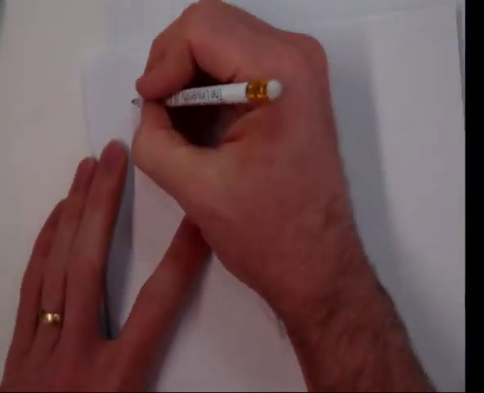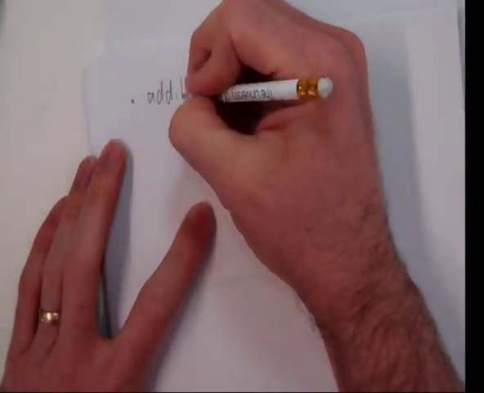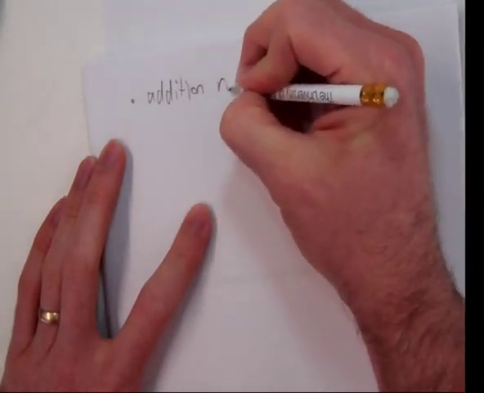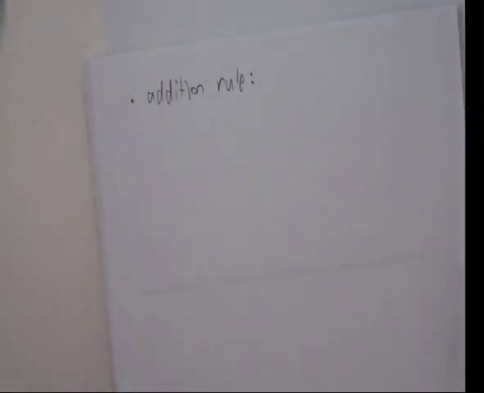The next rule, the addition rule. The addition rule says that if you have different pieces that are all added together or subtracted, you can do each piece separately.